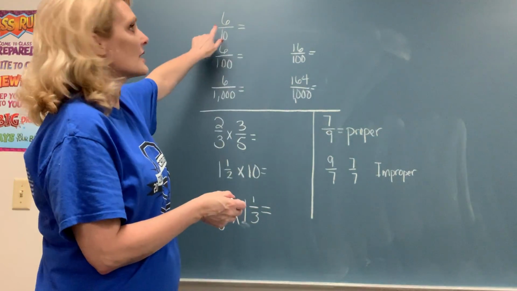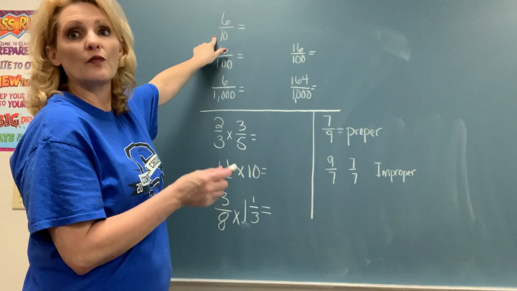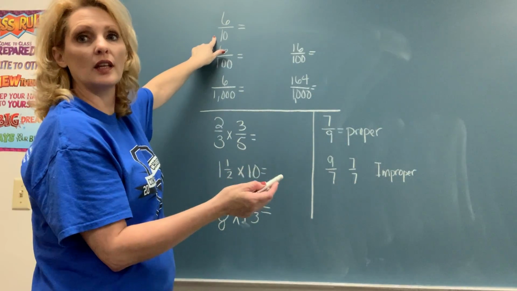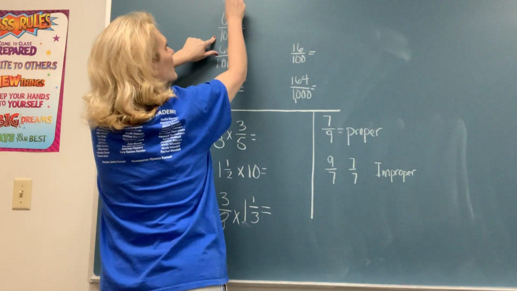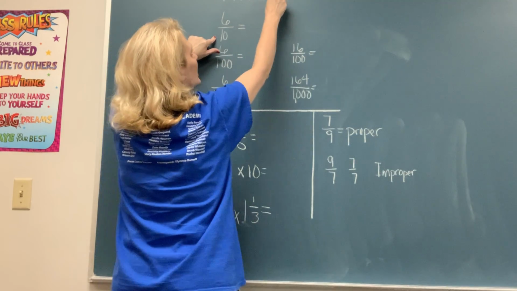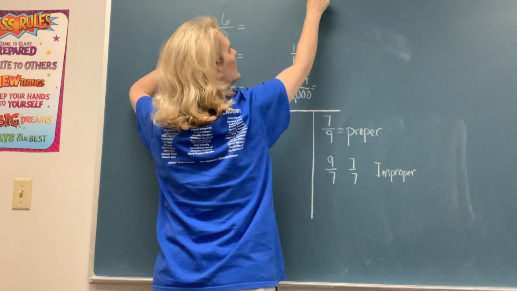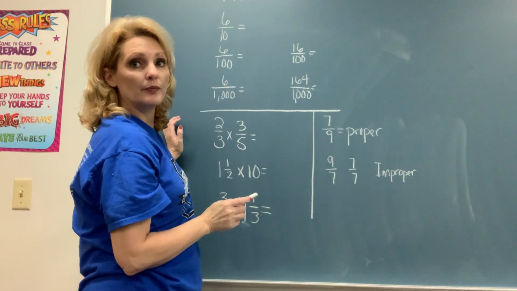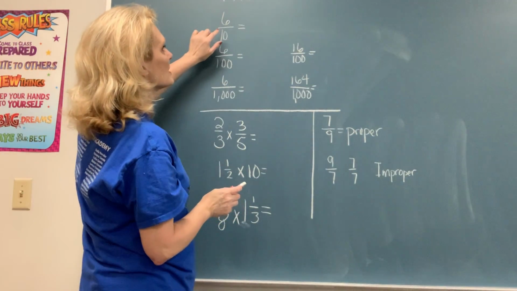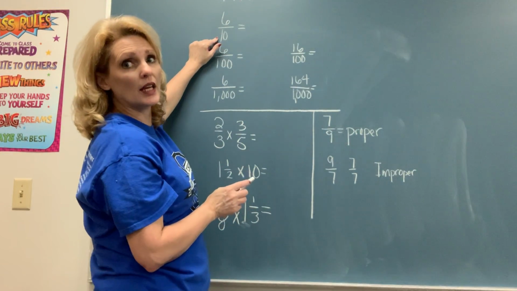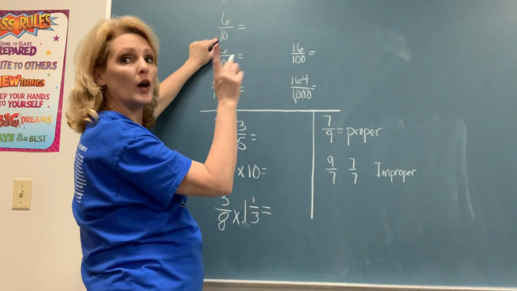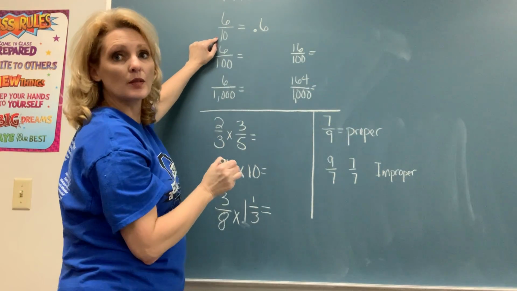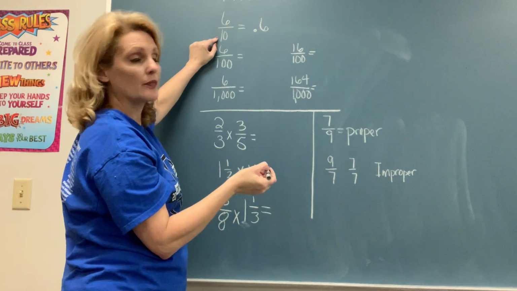So if it is 6/10, remember the first place behind the decimal, which is your King Henry died by drinking chocolate milk. Your deci, that is your tenths place. So if it's 6/10, that 6 has to be in the tenths place. So you only need one place behind the decimal. So it's decimal 6, or 0.6, okay?